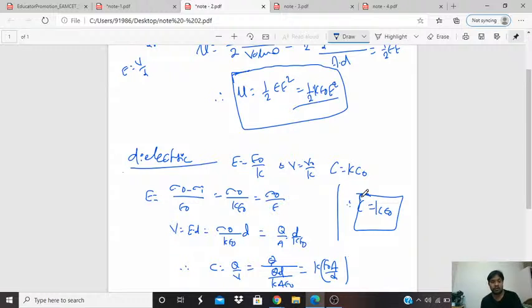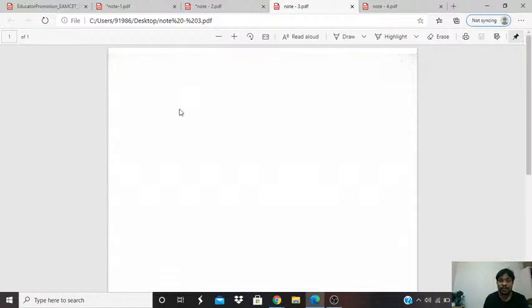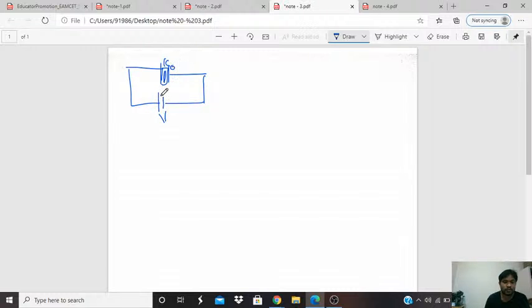Okay. Capacitance will increase. Now in this parallel plate capacitor, due to this dielectric, the energy stored will be different. How is it different here? For example, see, we connect the capacitor to a battery. Suppose in between the plates of the capacitor, you keep the dielectric constant K. The potential V naught.